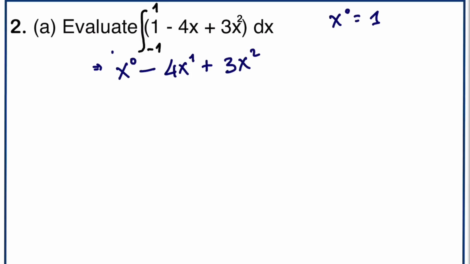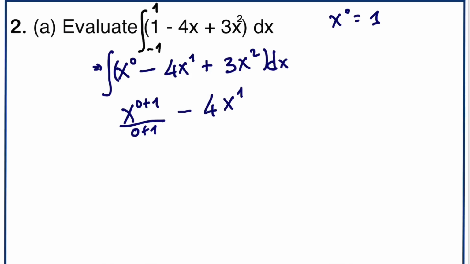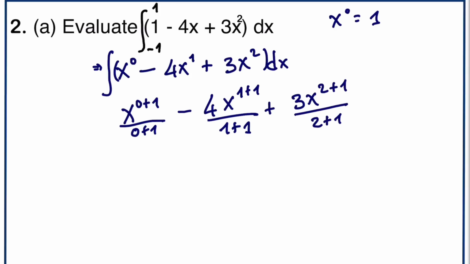So if we integrate all of this, dx, we are going to have x to the 0 plus 1 divided by 0 plus 1, minus 4 x to the 1 plus 1 divided by 1 plus 1, plus 3 x to the 2 plus 1 divided by 2 plus 1.